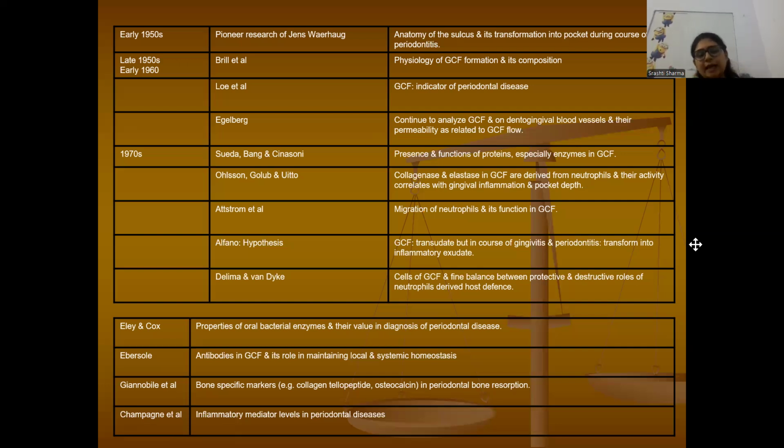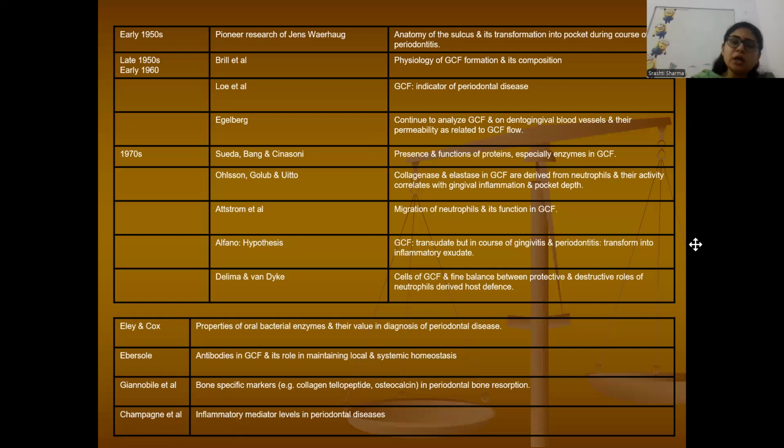Ebersole studied antibodies in GCF and their role in maintaining local and systemic homeostasis. Giannobile et al. studied bone-specific markers like collagen telopeptide and osteocalcin in periodontal bone resorption. Champion et al. studied inflammatory mediator levels in periodontal disease.